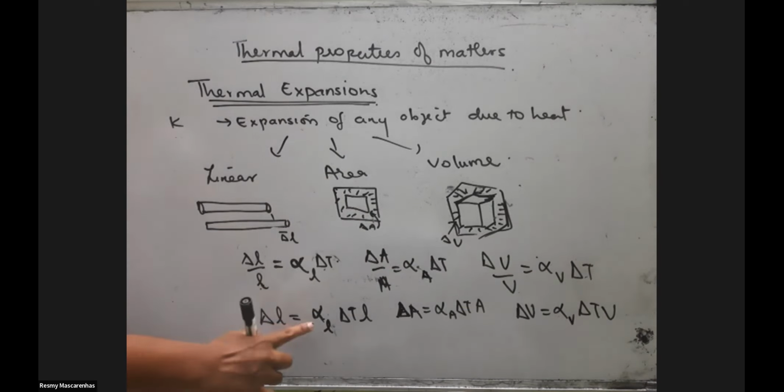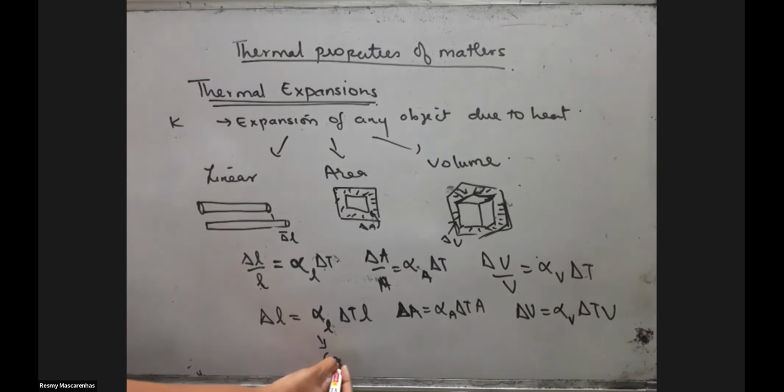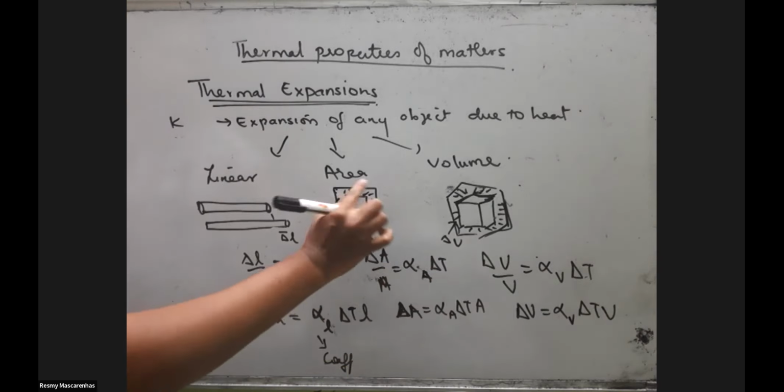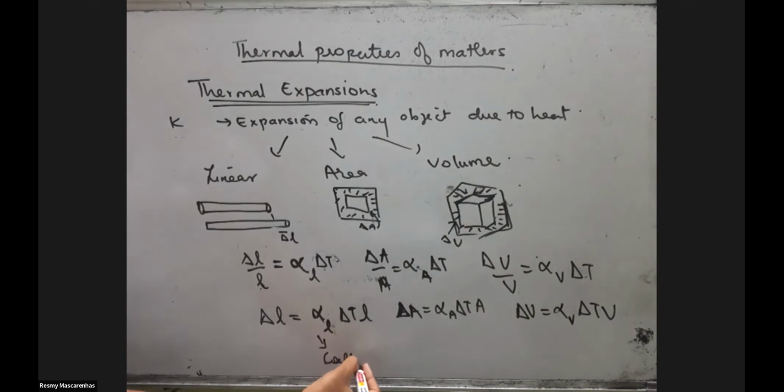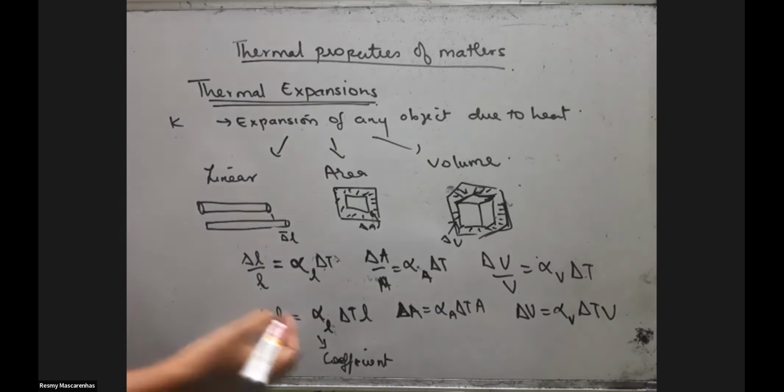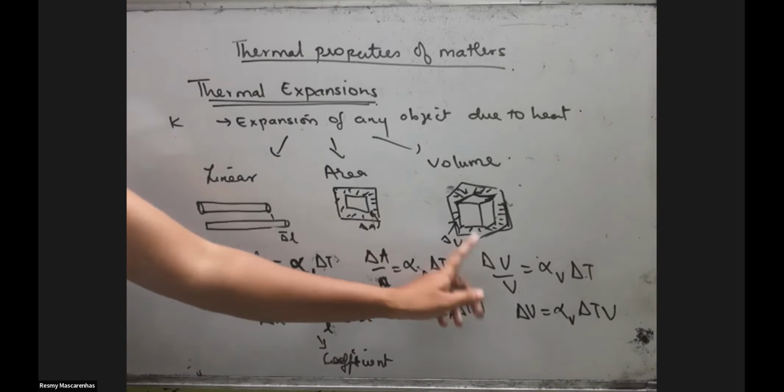This was called the coefficient of linear expansion. This is the coefficient of area expansion, and this is the coefficient of volume expansion.